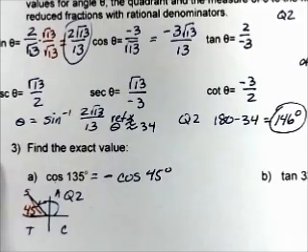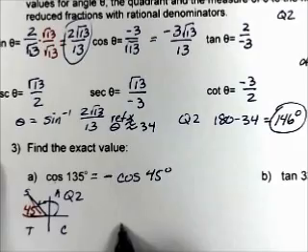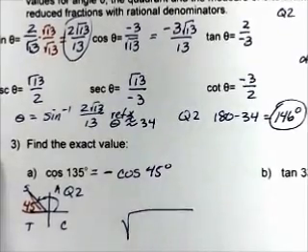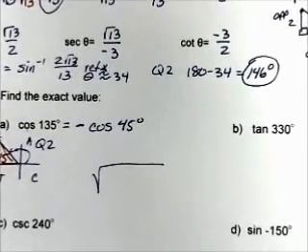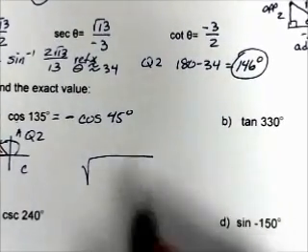And let's see, I'm going to use the trig table, and I think I'll draw it right here, so hopefully you can see it and refer to it as I do the other problems.